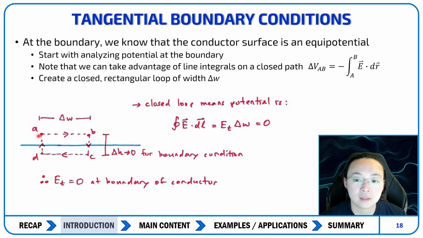There's some tangential component of the electric field, ET, and it travels from A to B over a length of delta W, so we have ET delta W. But if I start from A, go to B, then C, then D, then A, there's no change in potential whatsoever, and therefore it's equal to 0, and therefore ET is going to be 0 at the boundary of a conductor. That proves to us that there is no tangential component at the boundary of a conductor, and all the electric field lines are going to be perpendicular to the surface.